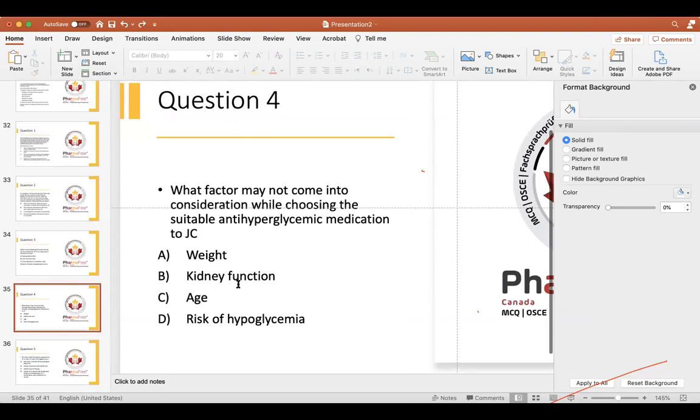Is it the weight, kidney function, age, risk of hypoglycemia? We have some criteria or determinants that we can consider before starting an anti-hyperglycemic medication. Correct?